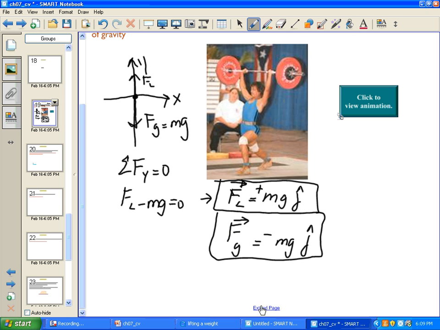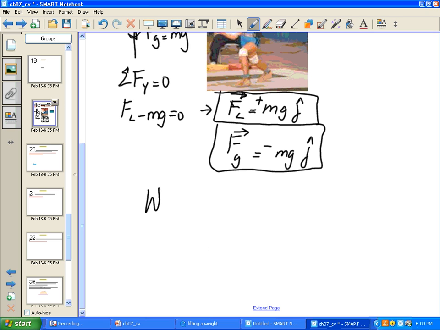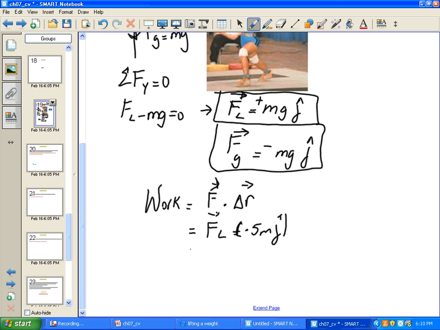And so to determine the work done by F sub L, we use the definition of work, F dotted with delta R. F in this case is F sub L. Delta R in this case is 0.5 meters in the positive j hat direction. We make a substitution that F sub L equals mg in the positive j hat direction.